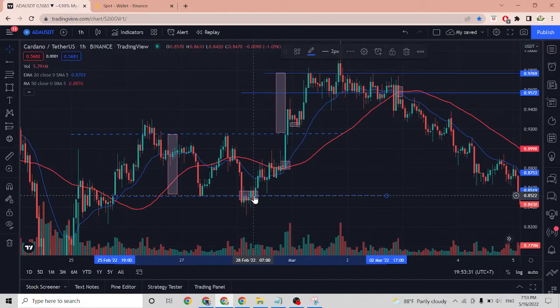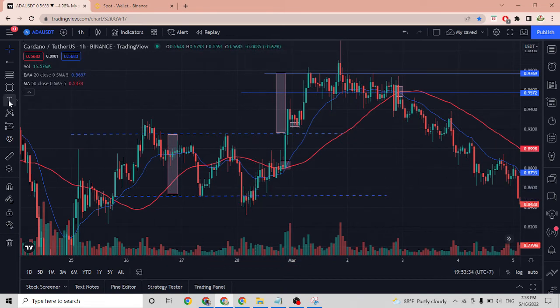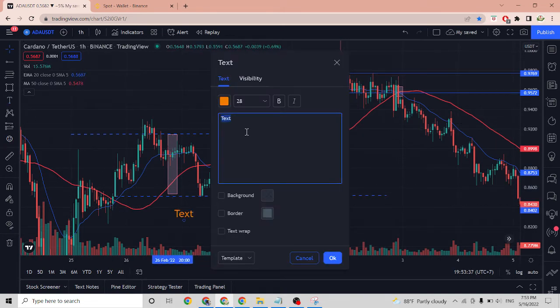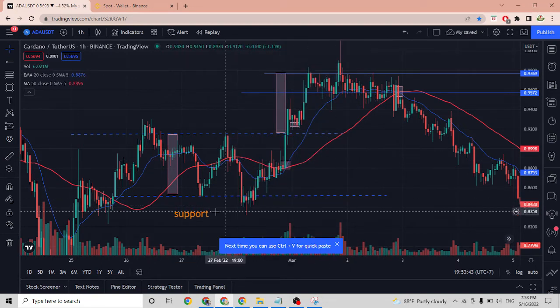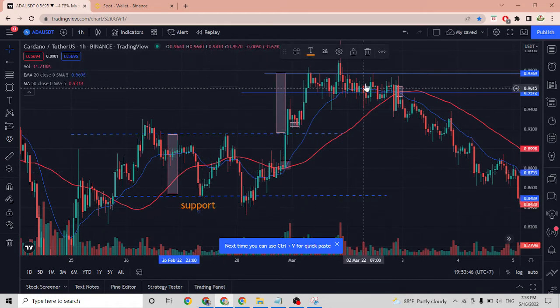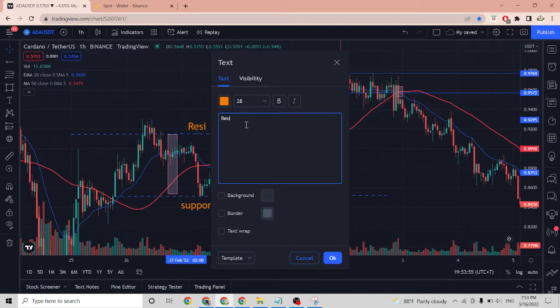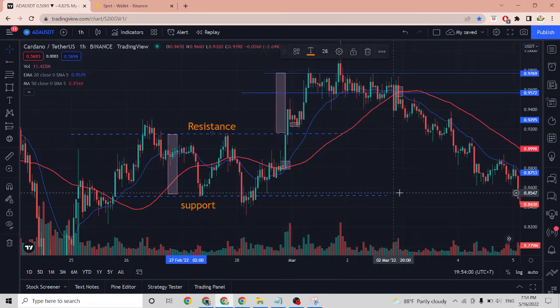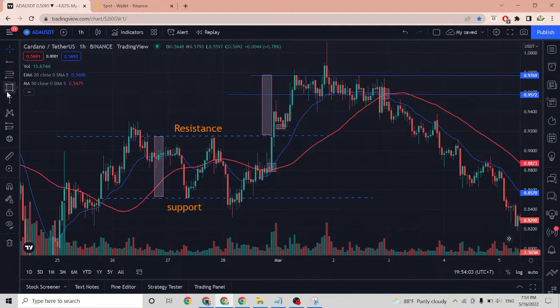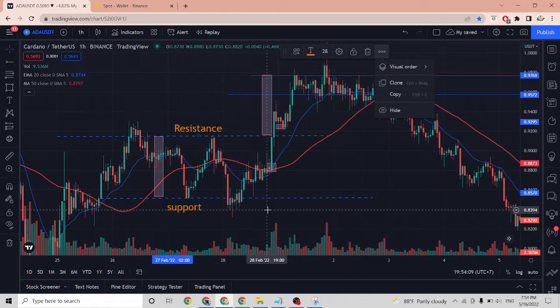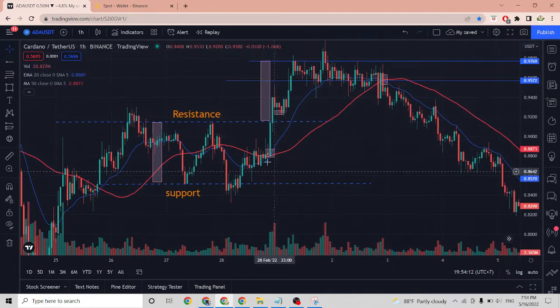I will write it for you. This is support. This is resistance. You can buy it here. If you don't trust it to break the support and go down, you can buy here.